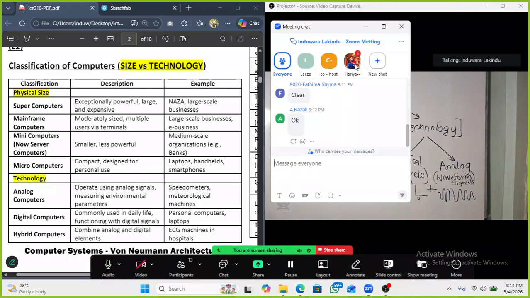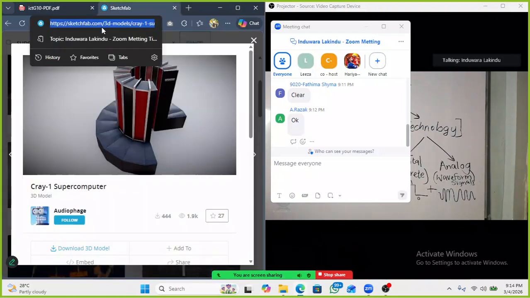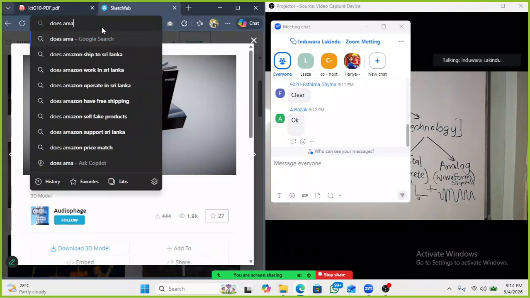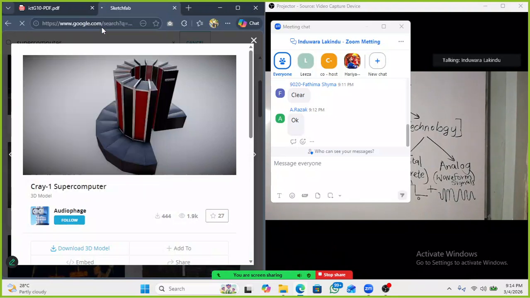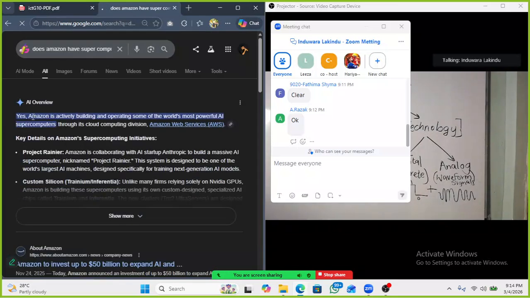Amazon. Does Amazon use supercomputers? Let's check. Let's ask AI. Does Amazon have supercomputers? Yes, Amazon is actually building and operating some of the world's most powerful supercomputers. Amazon is telling that, here we have the source.